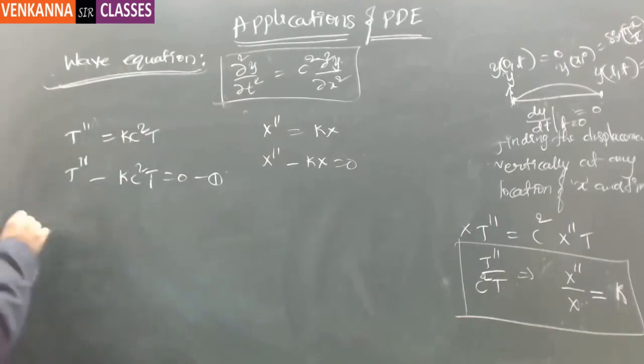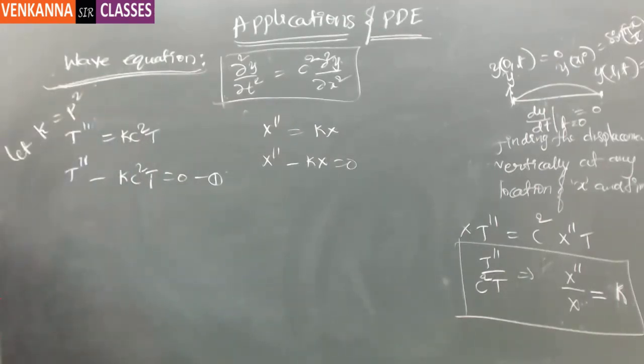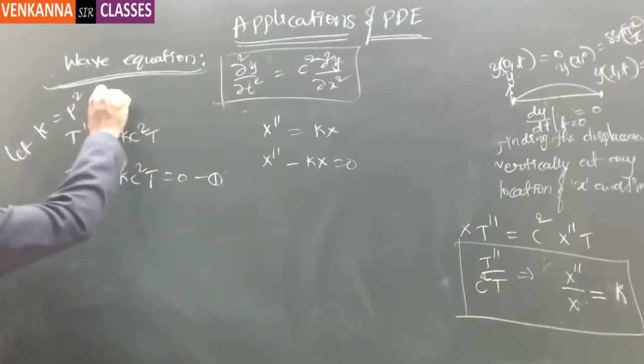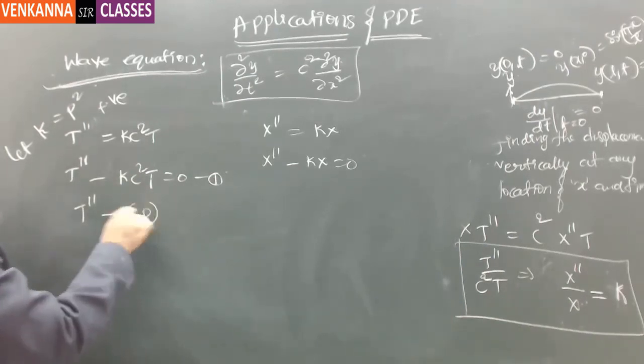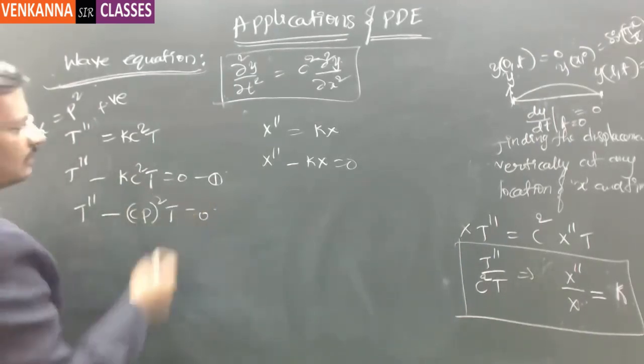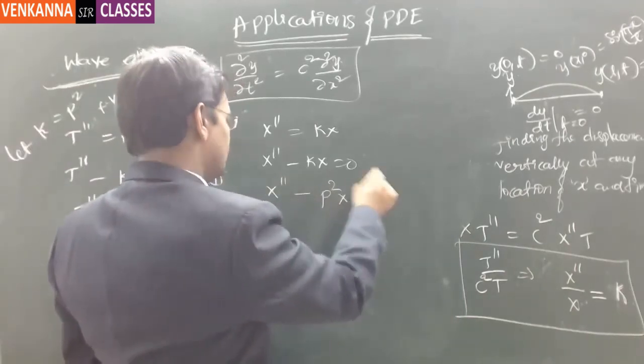Now here let k equal to p square. So this p square is always a positive value. Then if you put it here, t double dash minus c square p square t equal to 0, and x double dash minus p square x is equal to 0.